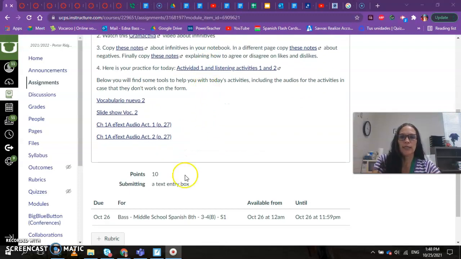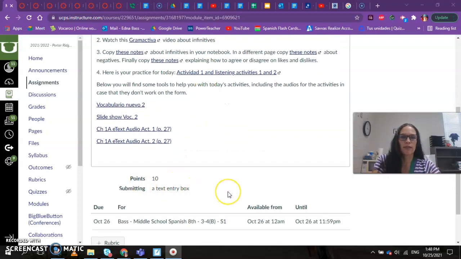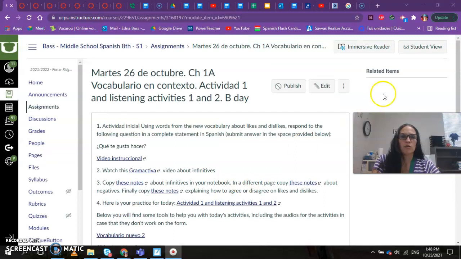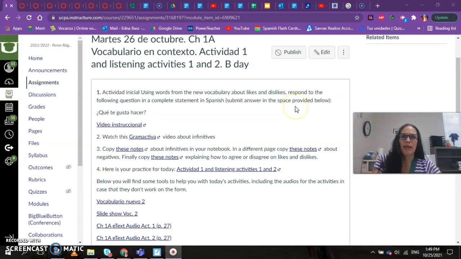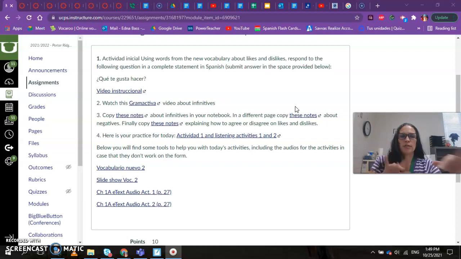And where are you going to answer that? Right here in the space provided here. So once you go to your assignment, you just click start. I think it says start assignment, and you type it there.